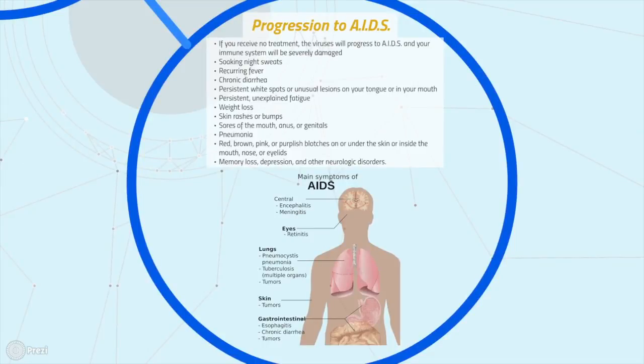The symptoms are as follows: soaking night sweats, recurring fever, chronic diarrhea, persistent white spots or unusual lesions on your tongue or in your mouth, persistent unexplained fatigue, weight loss, skin rashes or bumps, sores of the mouth, anus, or genitals, pneumonia, red, brown, pink, or purplish blotches on or under the skin, inside the mouth, nose, or eyelids, and finally, memory loss, depression, and other neurological disorders.